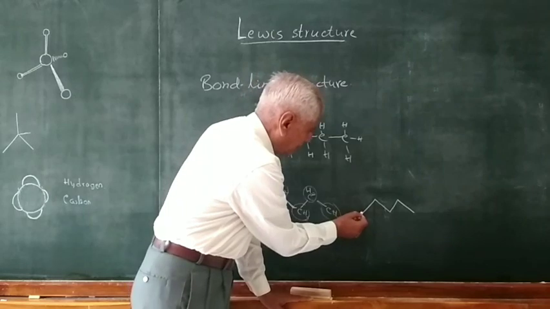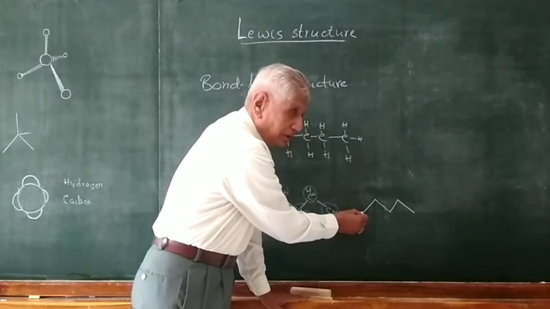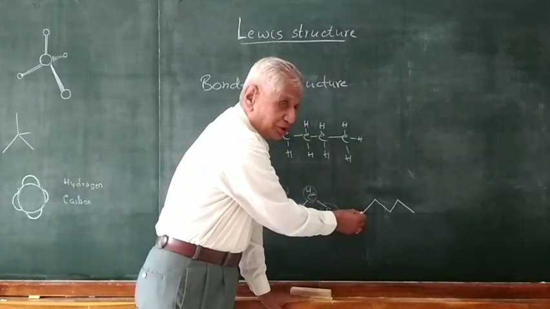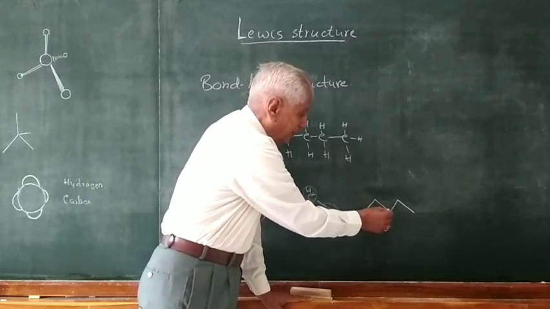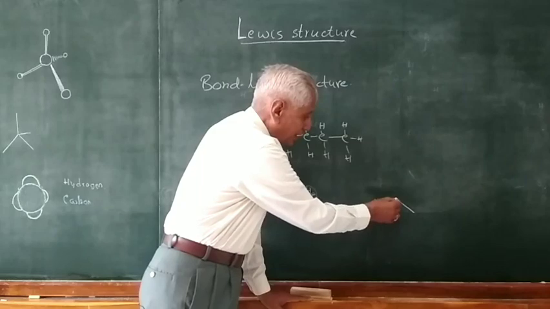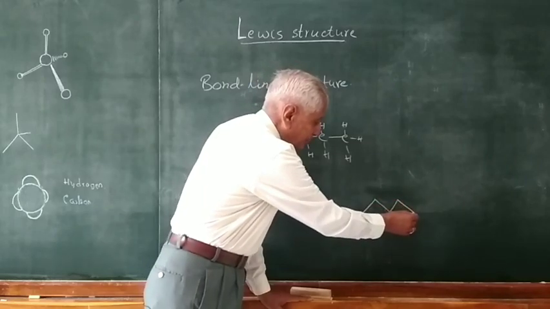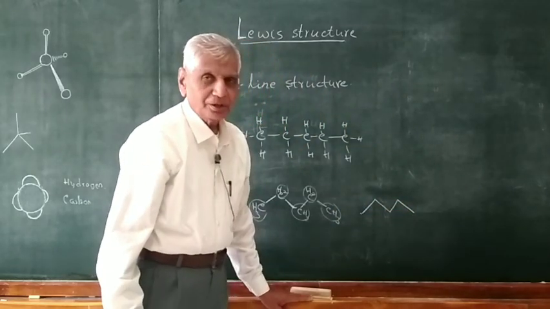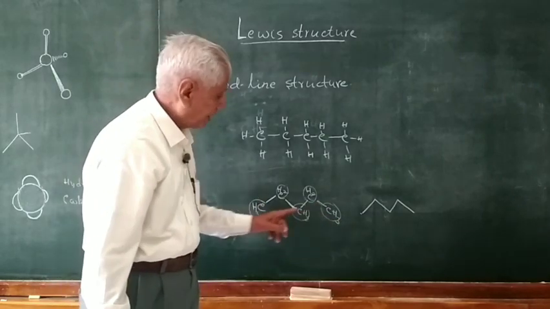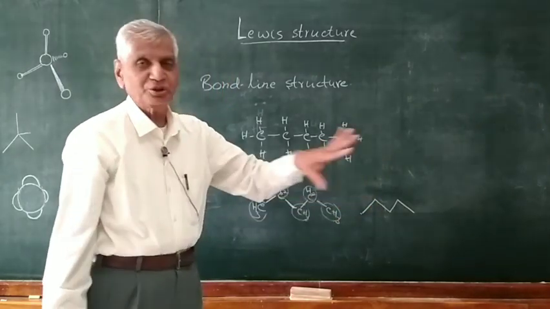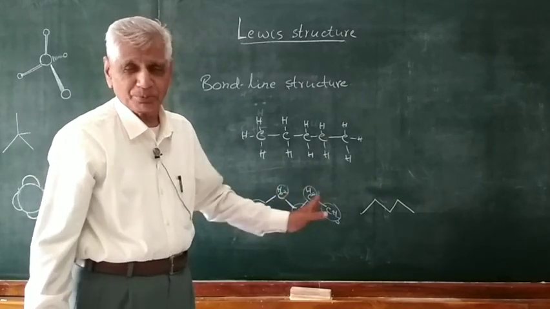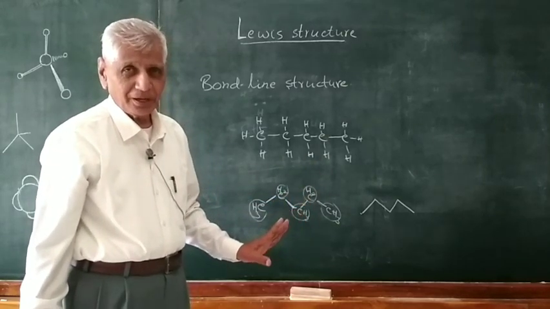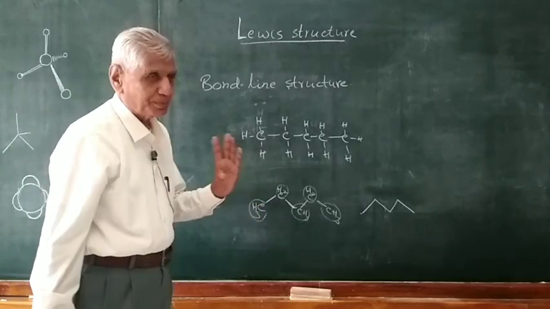At the ends there are CH3, CH2, CH2, CH2, and CH3. So this shows you how to write this compound in a bond line structure. You are writing only the bonds here, no atoms. Is that clear? I will give you another compound.